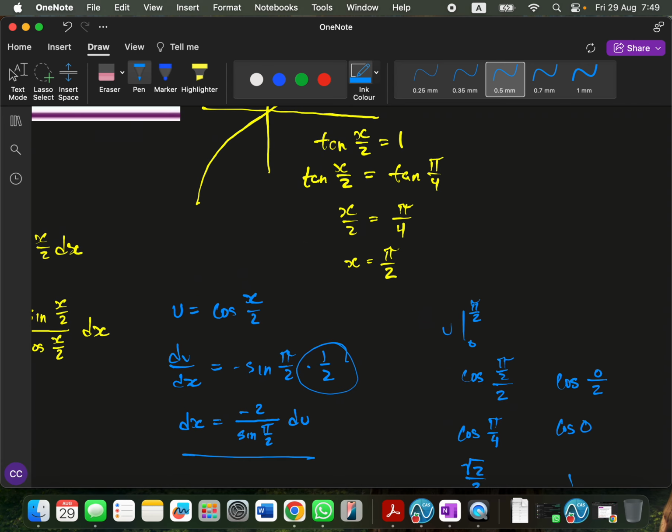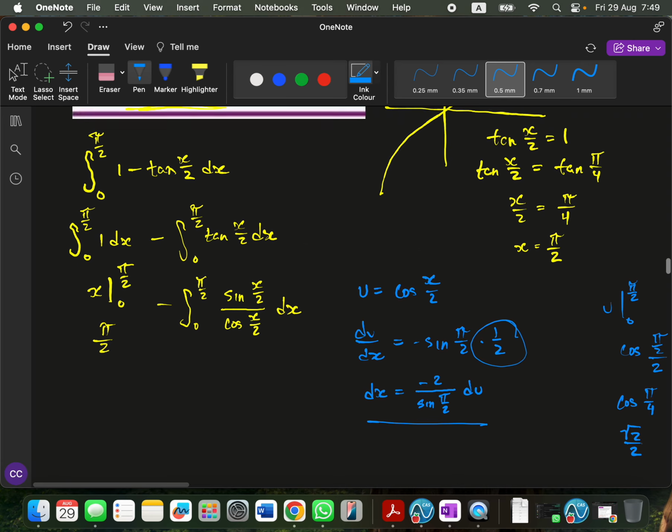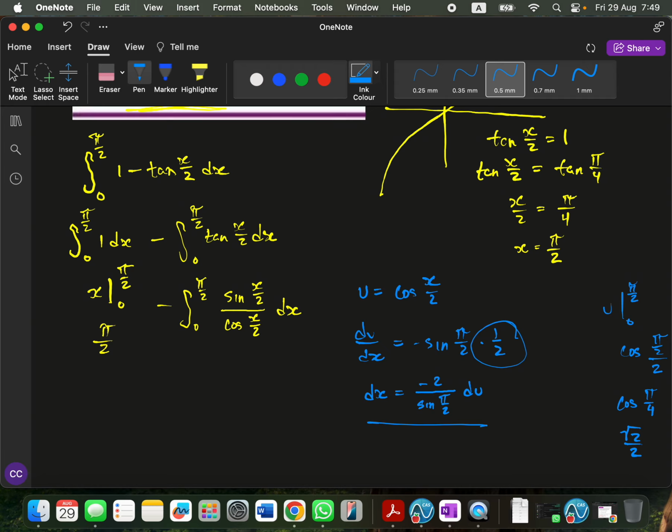So using this information, I'm going to end up with negative, and my new bounds, well, root 2 over 2 is less than 1, so my bounds are going to flip like that.